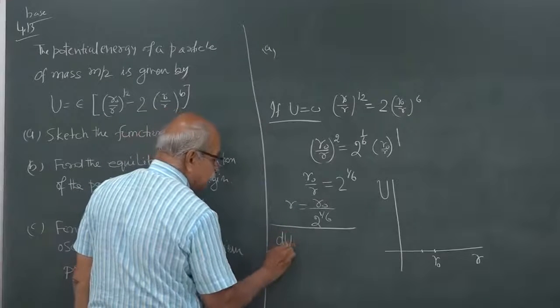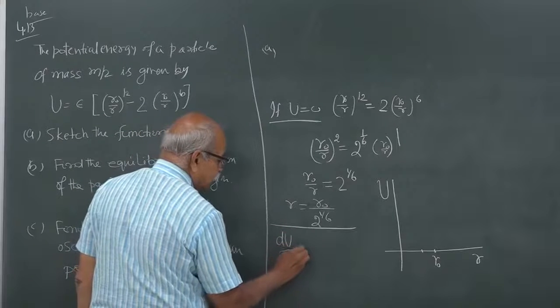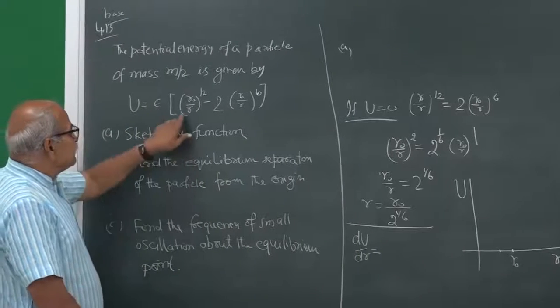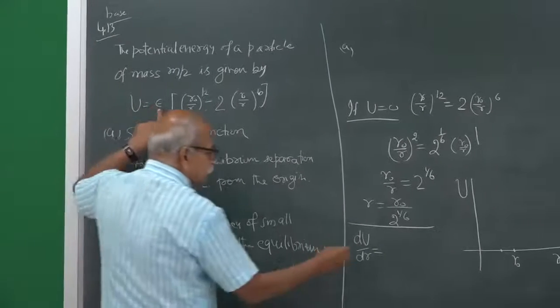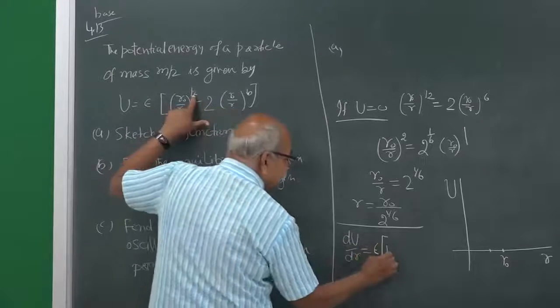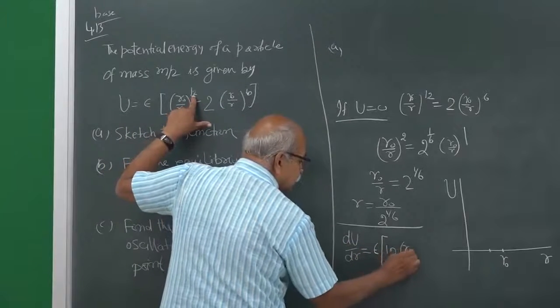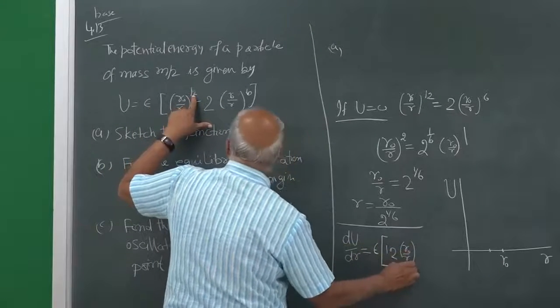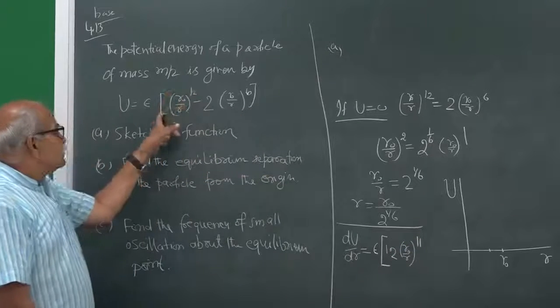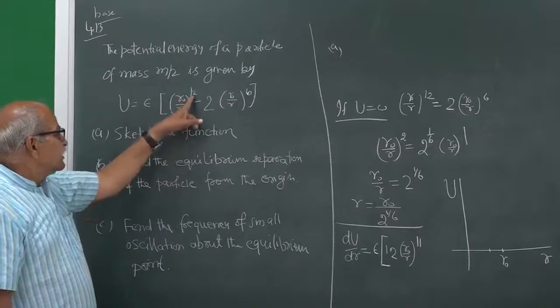So, let us look at du dr. If you differentiate, it will be epsilon times 12 times (r naught by r) to the power 11.